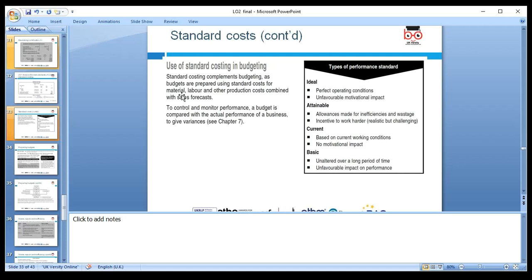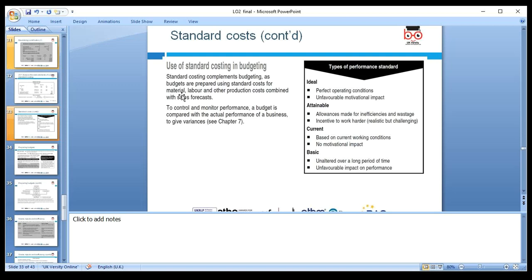Ideal standard means perfect operating conditions, with an unfavorable motivational impact. There are no fluctuations, 100% use. Attainable means achievable, which allows some inefficiencies. 10% people can waste time, 10% can be set up time, 10% material can be waste. So it is attainable, achievable.